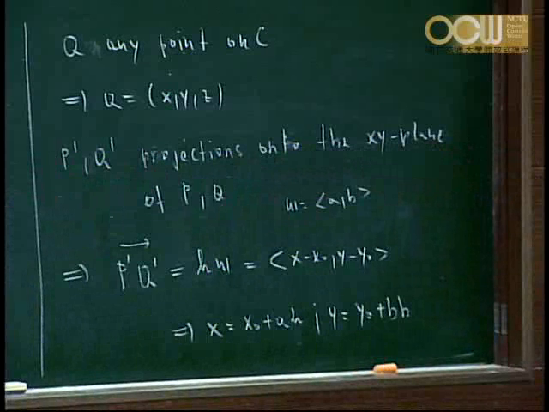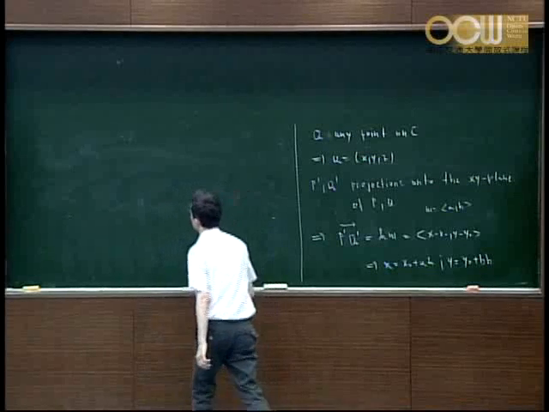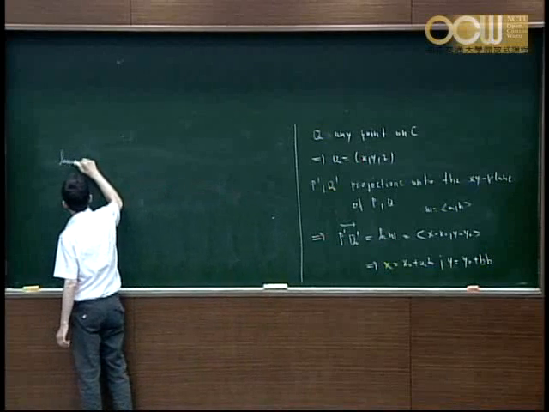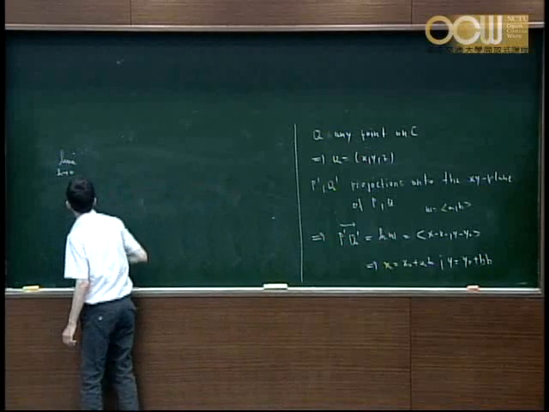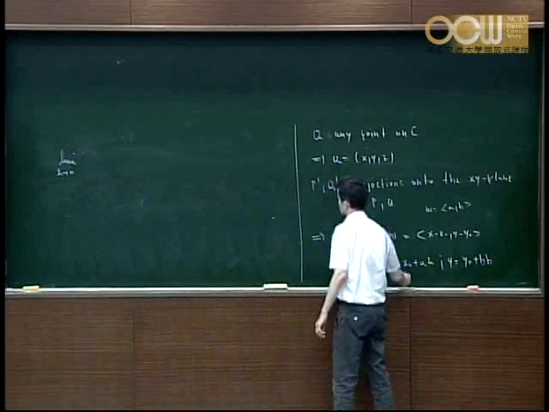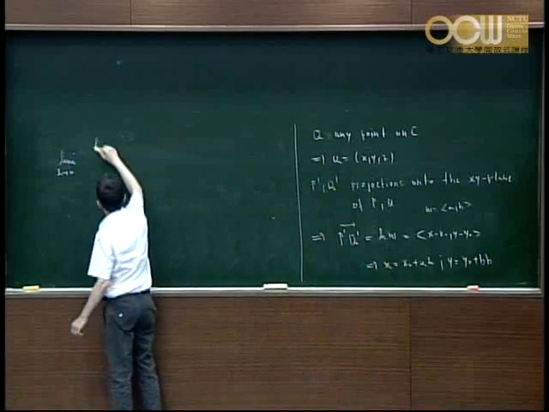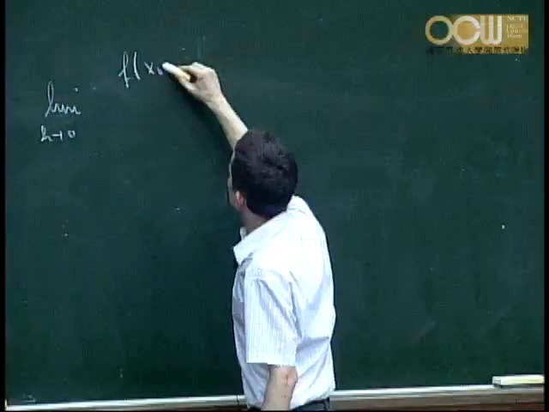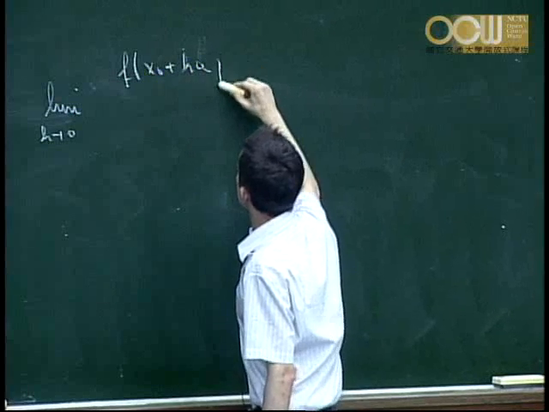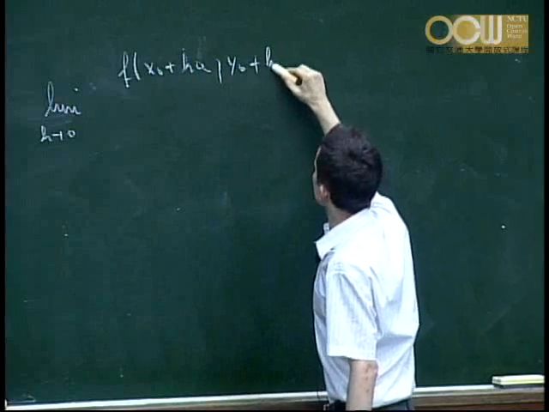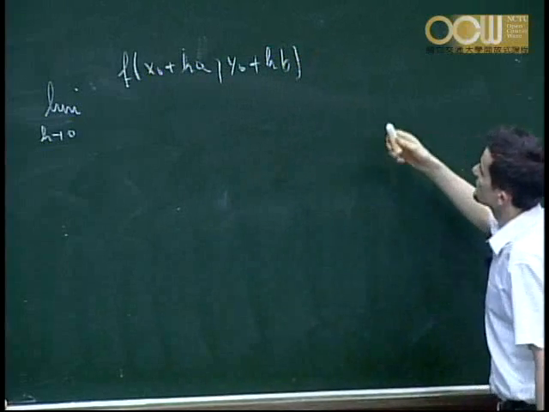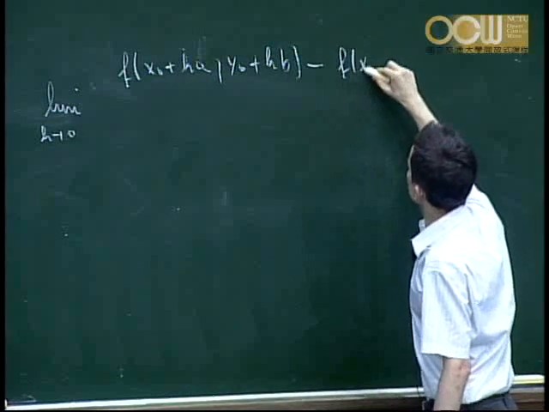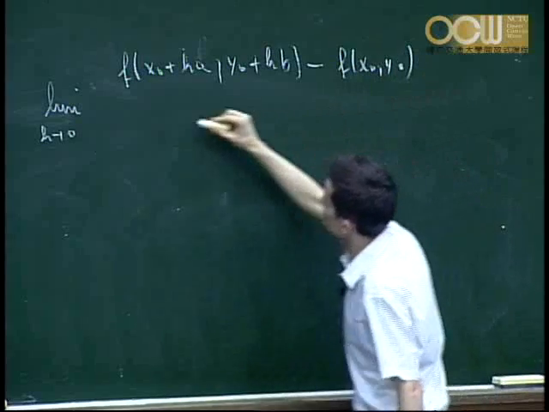If you want to know the slope of the tangent to C at the point P, then you have the limit as h tends to 0, because this here describes actually the curve. So you have f of x0 plus ha, y0 plus hb, minus f of x0, y0, over h.